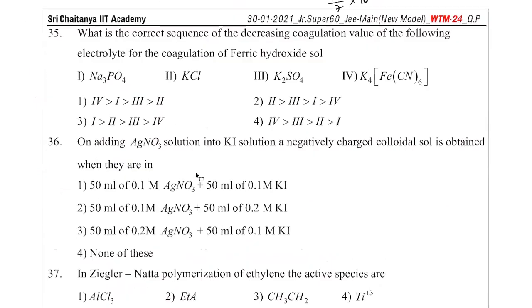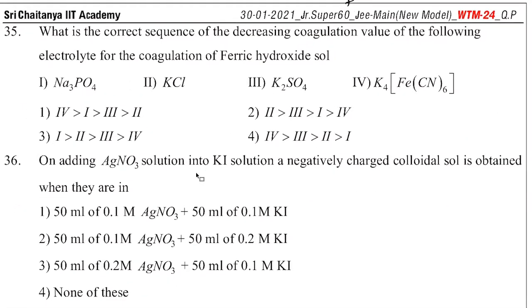Right. Next, what is the correct sequence of the decreasing coagulation value of the following electrolytes for the coagulation of ferric hydroxide sol? If it is ferric hydroxide, we know it is a positively charged sol, so we need the negative part of the electrolyte.